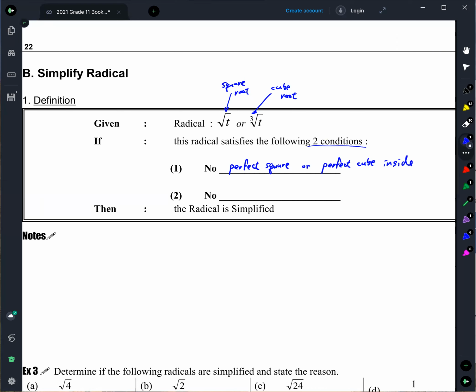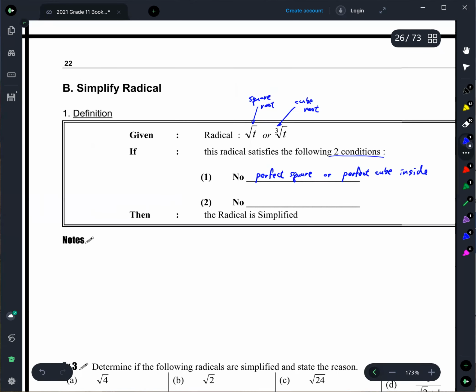All right, so let's take a look at an example. Perfect square. Let's understand this term. Perfect squares are numbers that when you find the square root, it stops. The number doesn't go on forever.